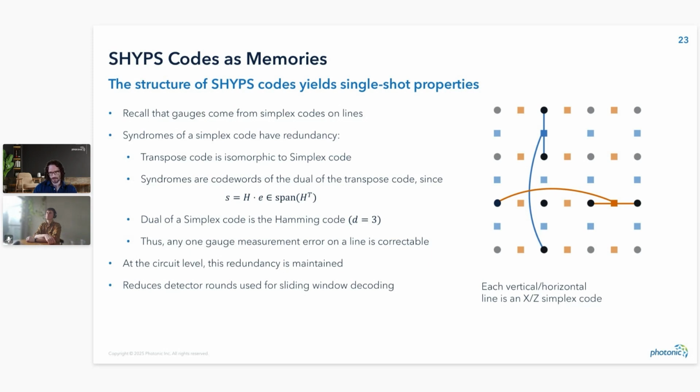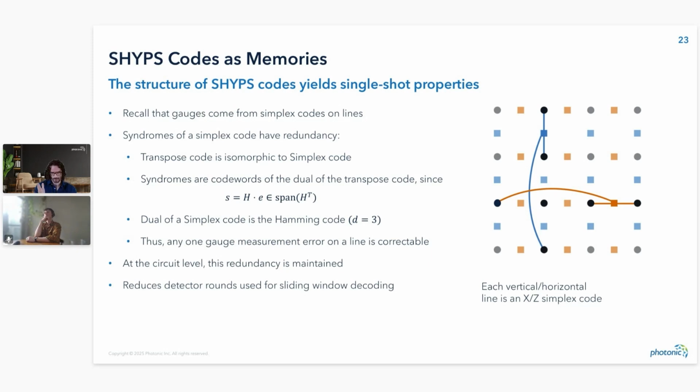And in particular, we know these SHYPS codes have single shot properties. So why does a SHYPS code have a single shot property? It comes down to the fact that simplex codes have single shot properties.